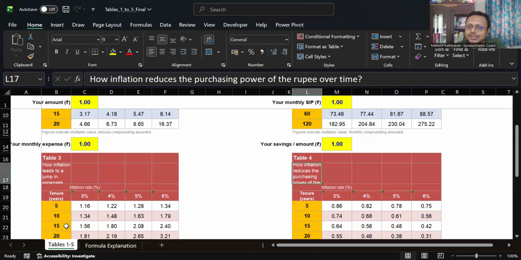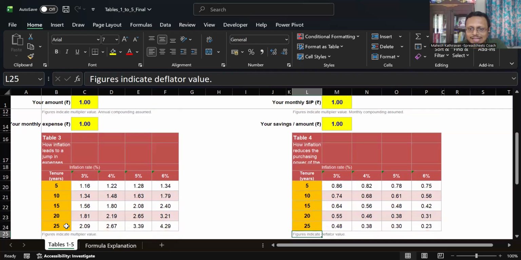So how is inflation reducing the purchasing power? Over the tenure of 5 years with an inflation rate of 3%, the power of 1 rupee has reduced to 0.86 paise, which means whatever you were buying at 1 rupee at that point of time, after 5 years, it has gone down. This is a very important thing.